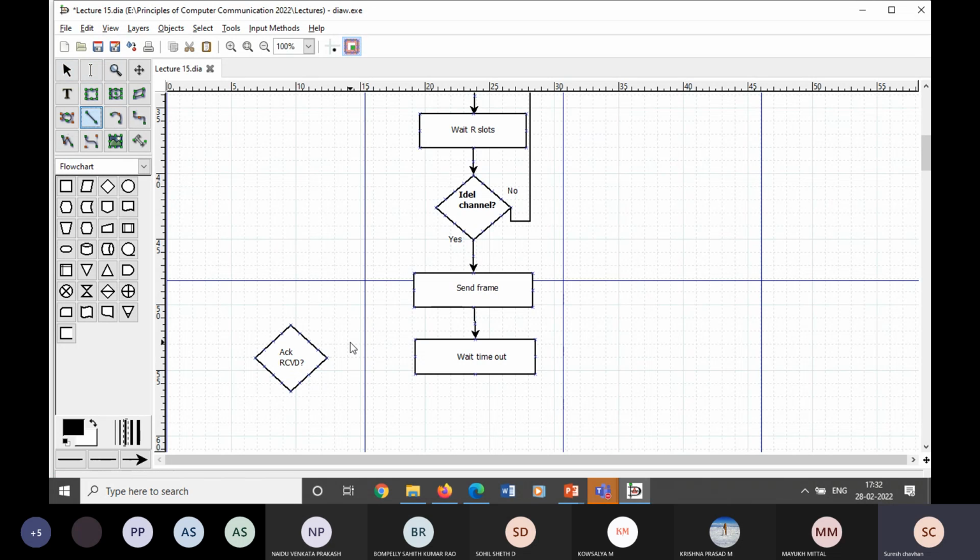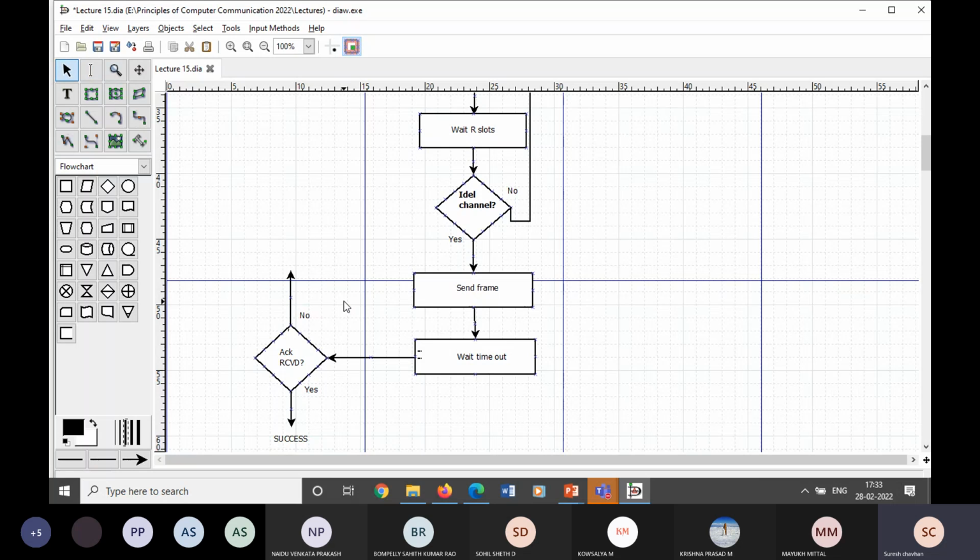If the acknowledgement is received, then the frame the station has sent has been successfully transmitted. So it's a success. Suppose the acknowledgement has not reached, due to some reason it might have been lost somewhere, or the data frame might have been lost.